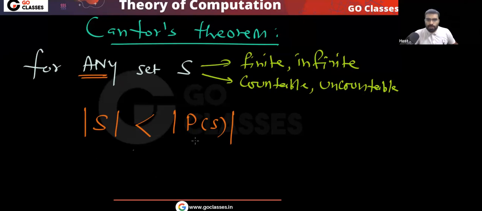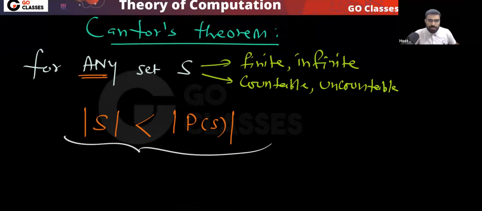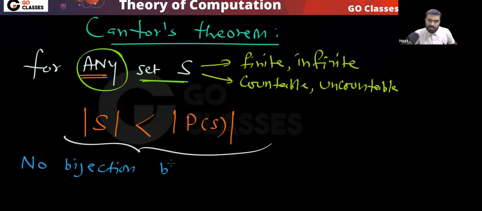And what does it mean? It means there is never a bijection between S and P(S). Yes or no? Remember, whatever set S you take, there is no bijection between S and P(S).